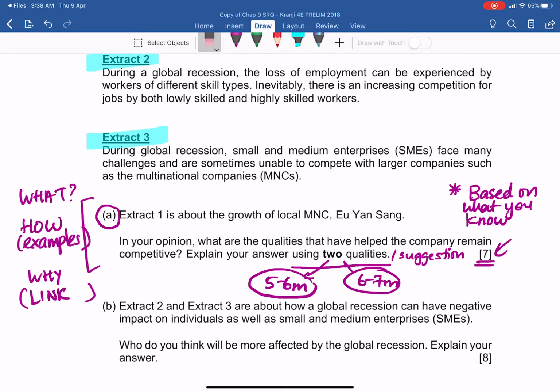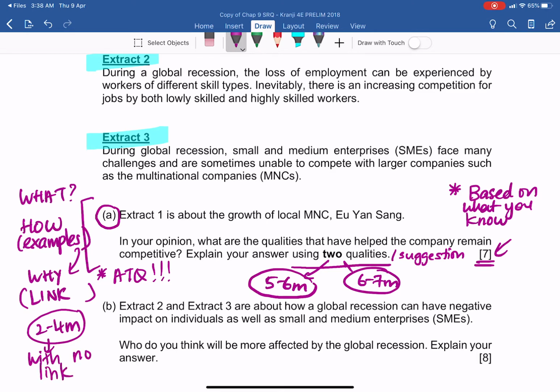Why does the example actually answer the question? I repeat that. Why does the example answer the question? And this is always very important. What if you don't answer the link? Then your marks will always be stuck at 2 to 4 marks with no link. Okay, so I hope that is clear.